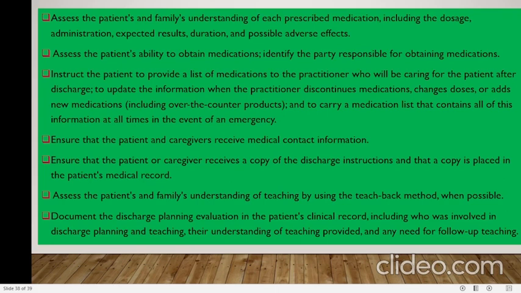Instruct the patient to provide a list of medications to the practitioner who will be caring for the patient after discharge, to update information when the physician discontinues medication, changes doses, or adds new medication, including over-the-counter drugs, and to carry a medication list that contains all this information at all times in the event of an emergency.